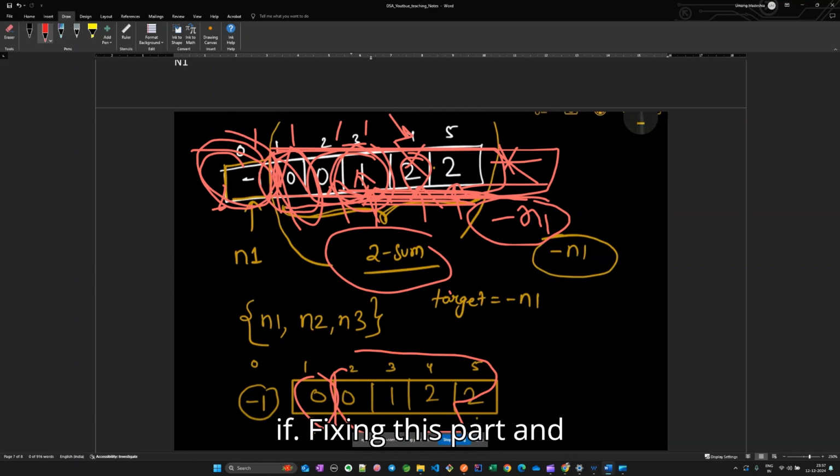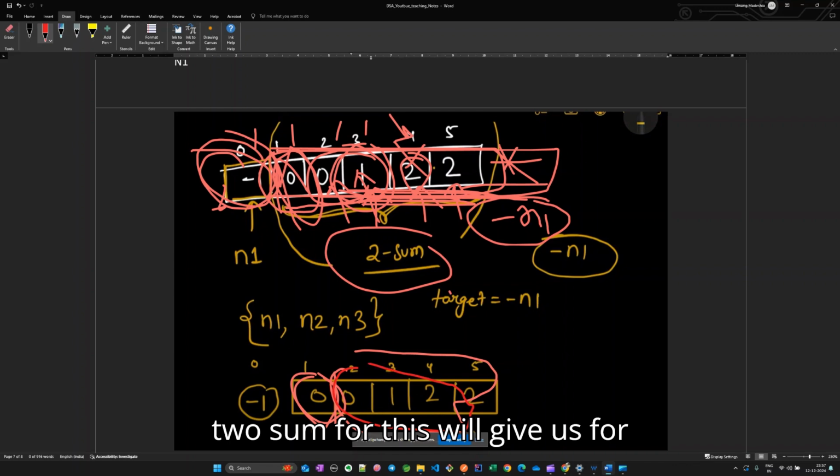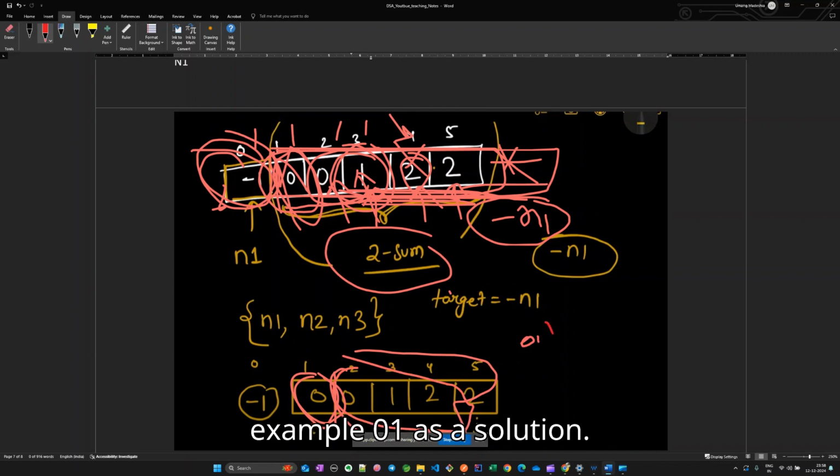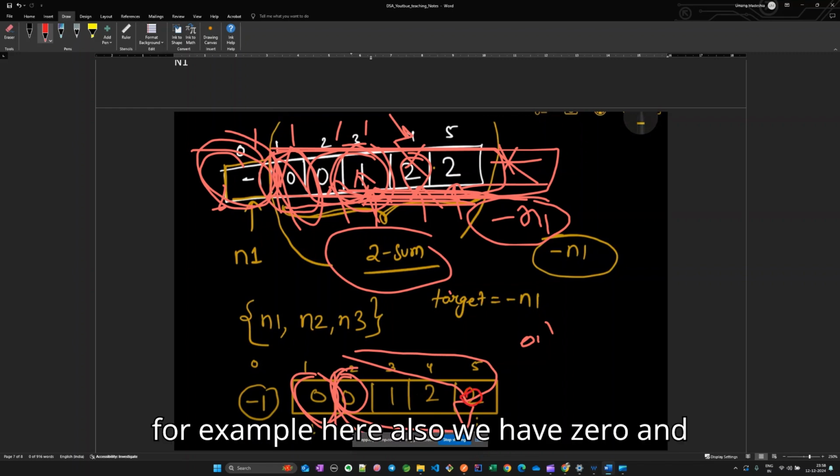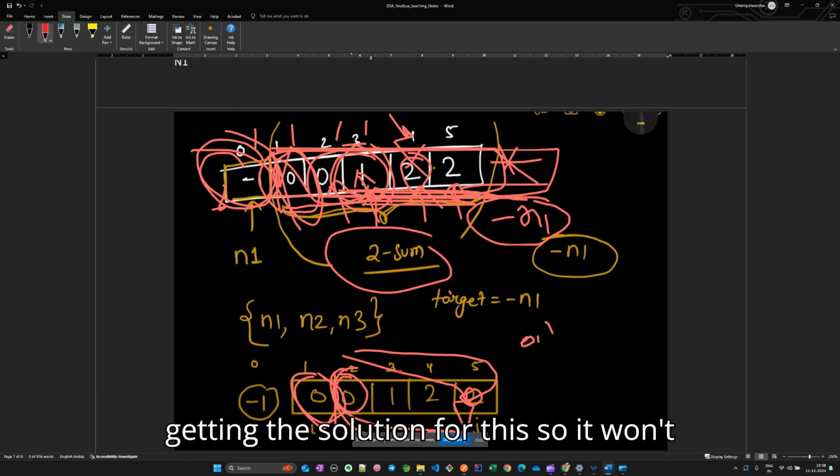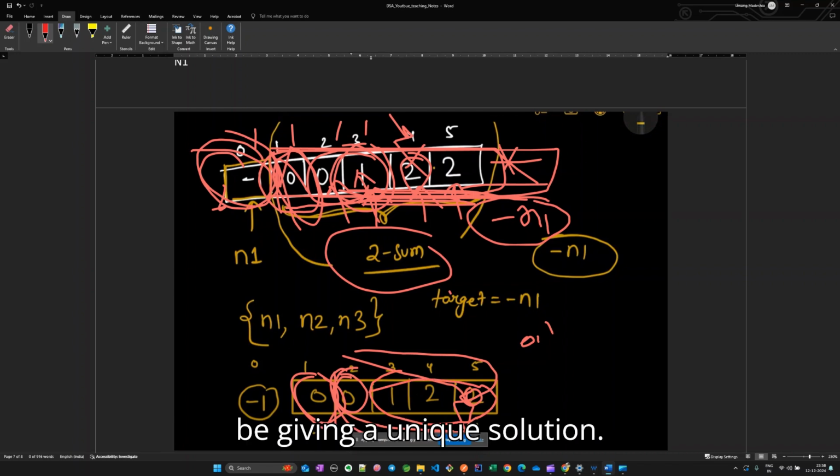If fixing this part and calculating two sum gives us, for example, 0 1 as a solution, and now we fix the other 0 here and get the solution for this, it won't give a unique solution.